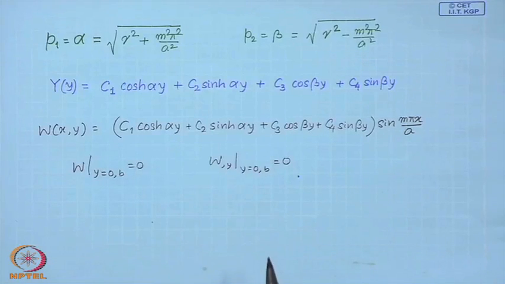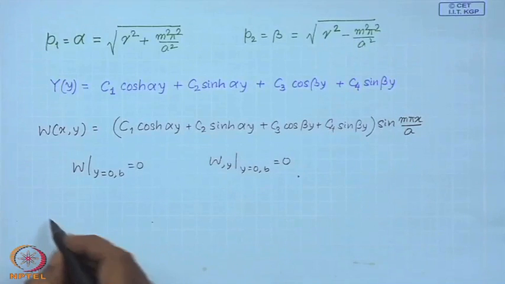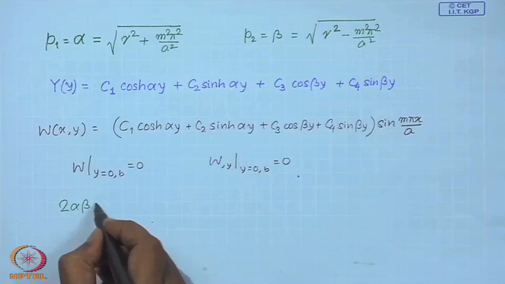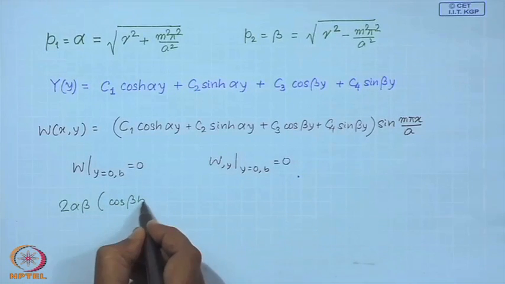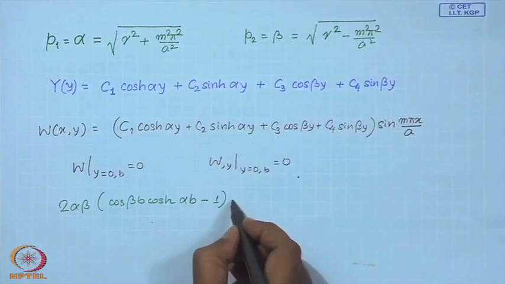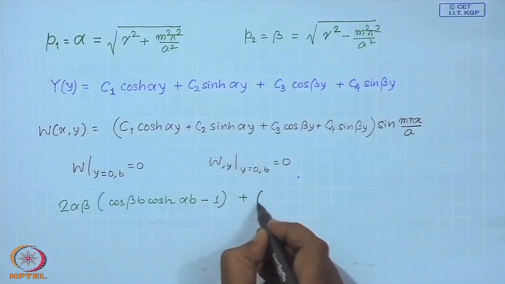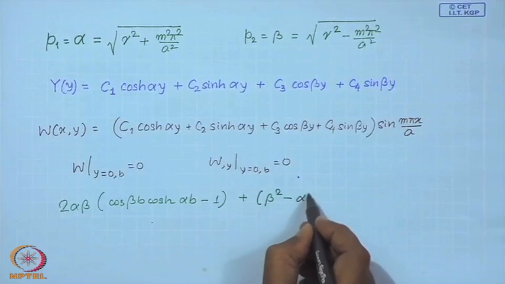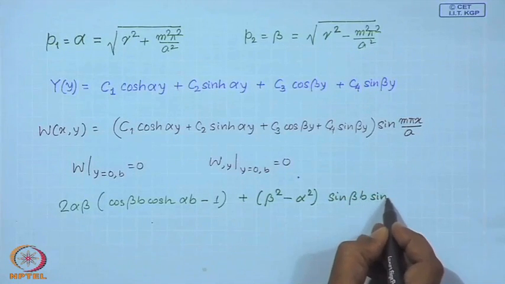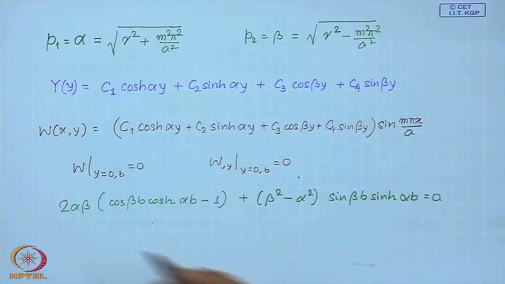Now, if you substitute this solution form in these boundary conditions, finally you will get the characteristic equation. So, for non-trivial solutions of C 1, C 2, C 3, C 4, this is our characteristic equation.